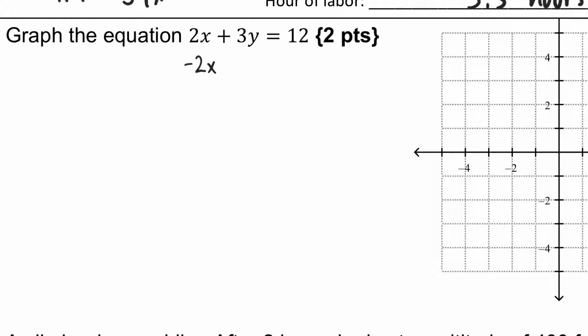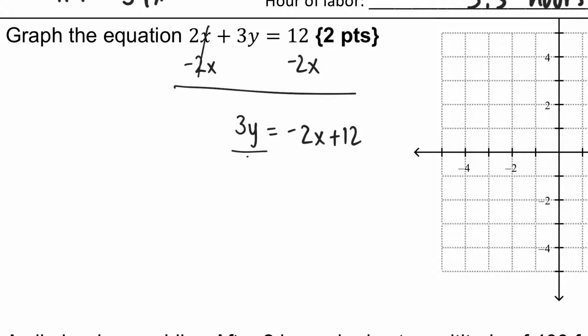So I'm going to subtract 2x from both sides. The goal here is to get the y by itself. So you have 3y is equal to negative 2x plus 12. And then we're going to divide by 3, divide by 3, divide by 3. And then y is equal to negative 2/3 x plus 4.